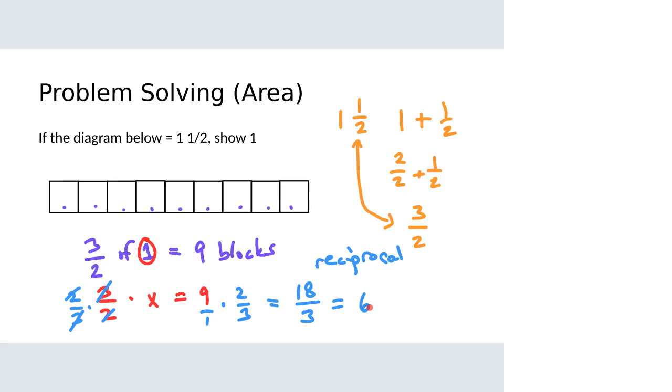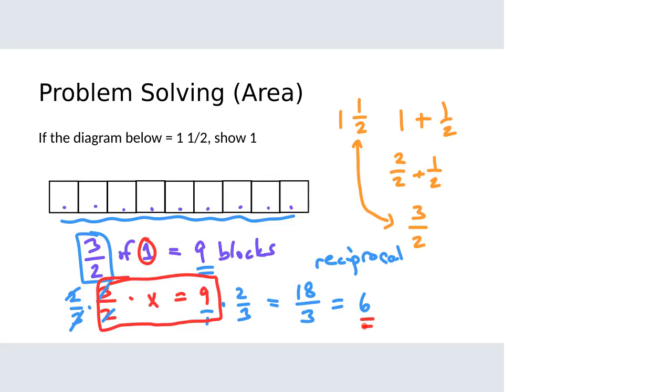I'm going to talk back through this whole thing so you see it again. What we just found out is if this entire thing of 9 blocks is 3/2, then by setting up this relatively simple equation, 3/2 times what would give me 9 blocks, I can find out that it takes 6 blocks to equal 1.